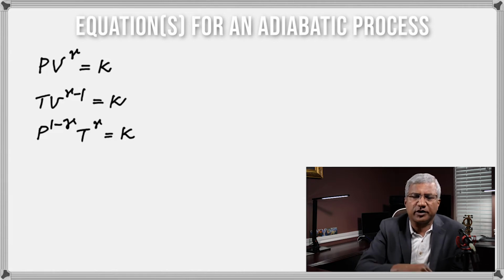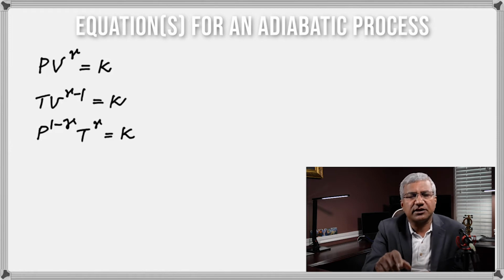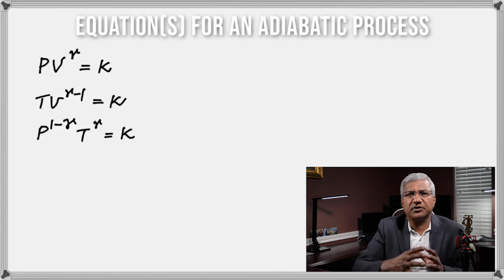We have three equations because the three variables, pressure, volume, and temperature, all three change, and taking two at a time you can get three equations. The first one is in terms of pressure and volume, the second one in terms of temperature and volume, and the third one in terms of pressure and temperature. Depending on how the problem is asked, you need to select an appropriate equation and work it out.